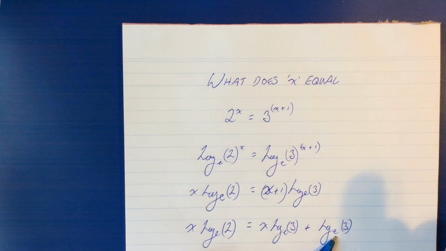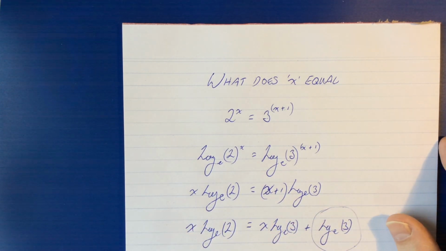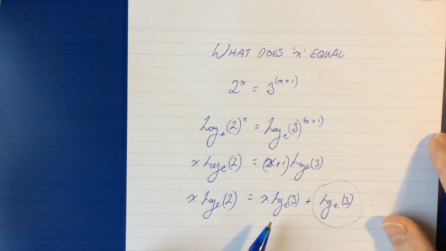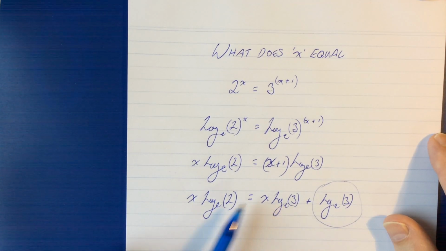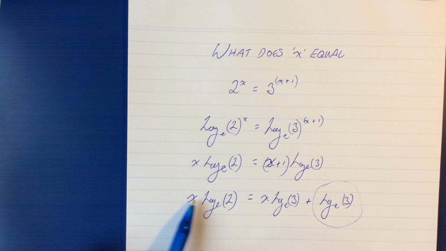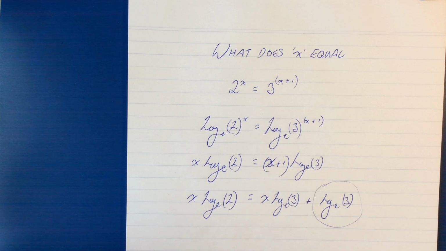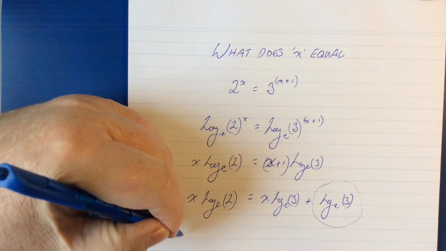Now, the advantage of that is that we get one expression here that doesn't have an x in it. And that means that we can probably put these together and then use the fact that x will be out the front of these expressions to separate x entirely from the log expressions. You'll see what I mean in a moment. So just bear with me.